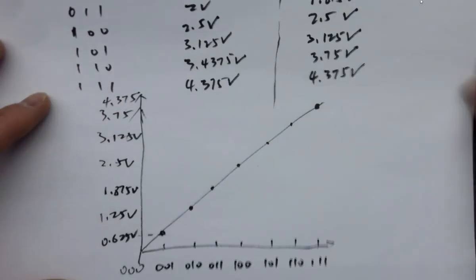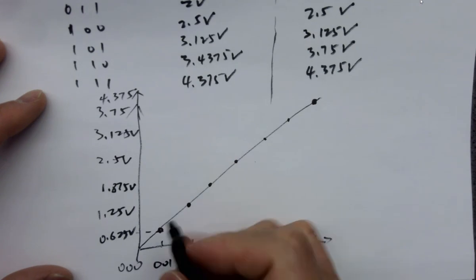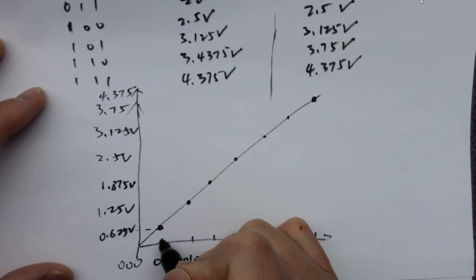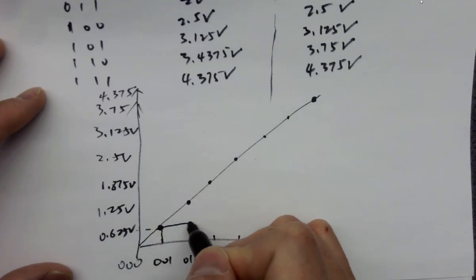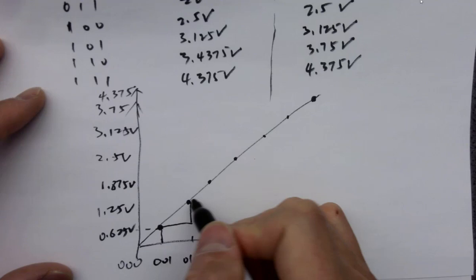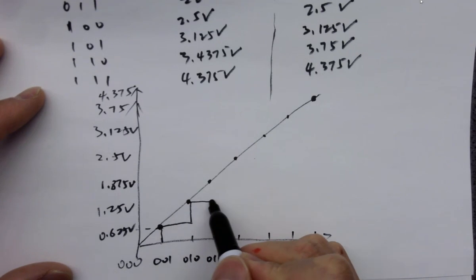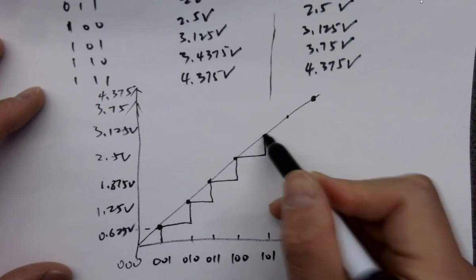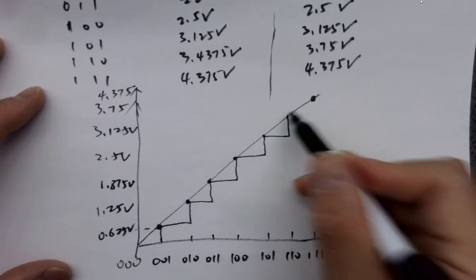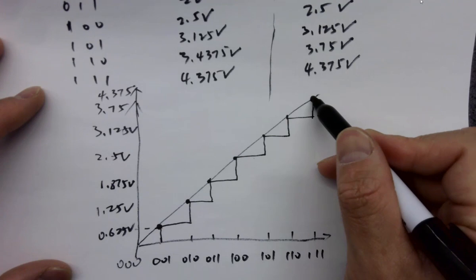So ideally, it looks like this. One step, second step, third, fourth, fifth, sixth, seventh.